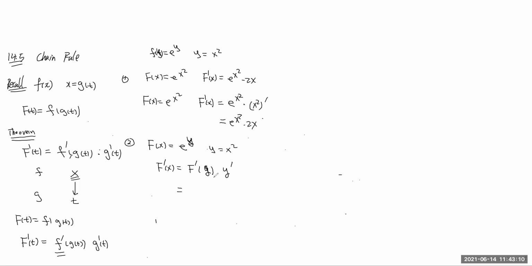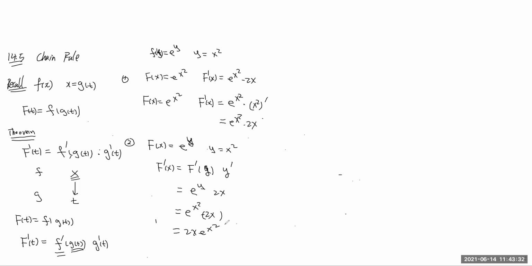So the derivative of f(y) is e^y, and the derivative of y is 2x. This is just a plugging in substitution, e^(x squared) times 2x. So the answer is 2x e^(x squared). No matter which method you choose, the final answer should be the same.